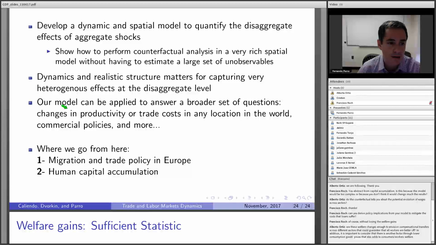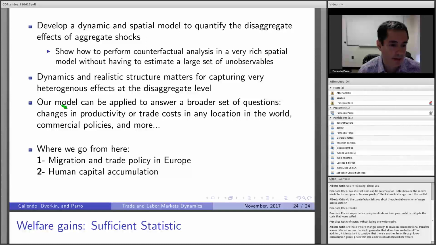The first one is the methodology, which we believe is a step forward in the literature, showing how to perform counterfactual analysis and how to solve a large-scale model with many mechanisms that previous literature has shown to be relevant: the number of industries, sectors, trading goods, input-output linkages, labor market dynamics, migration restrictions, and so on.